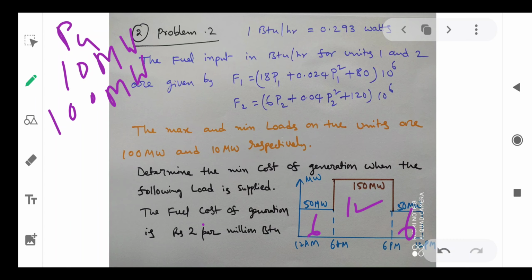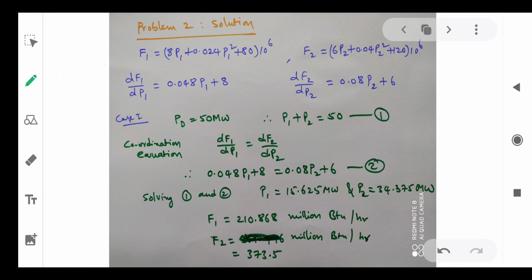This is the given. Determine the minimum cost of generation when the following load is supplied. So you need to obtain the cost for supplying this load. So for the solution, F1 and F2 both are specified.